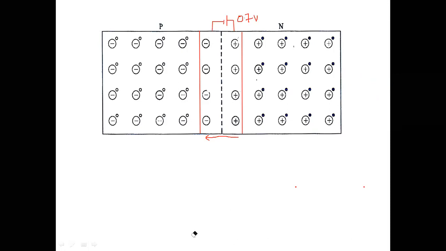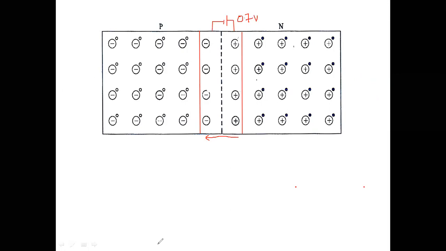Since this Zener diode is heavily doped, the width at the junction will be less, but even then, it develops a voltage of 0.7 volt, which is called the threshold voltage.